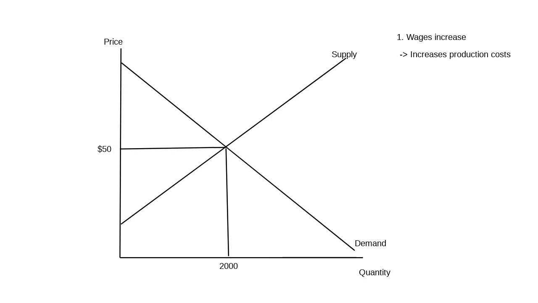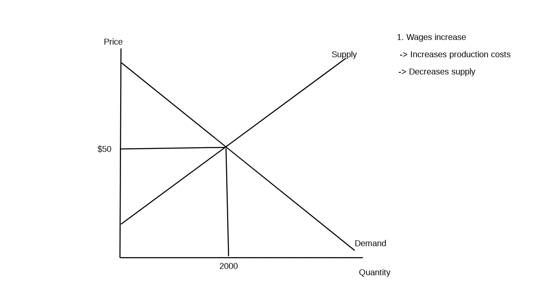Well, when wages increase, this decreases supply. So how do we show that on this graph? Well, we shift the supply curve, because this is a non-price determinant change in supply.